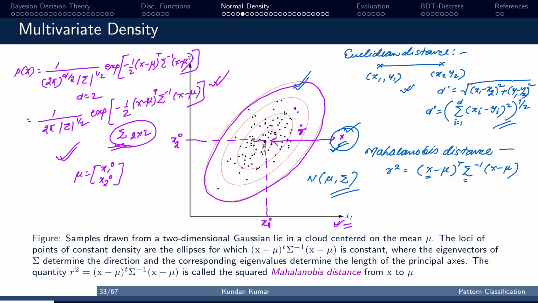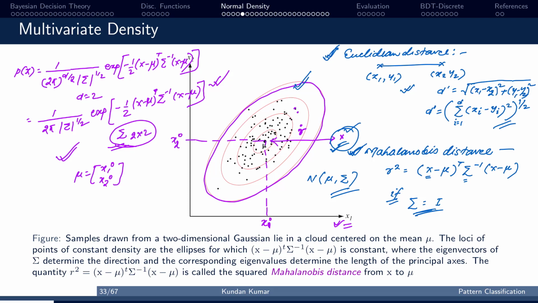So here we have two different distances. Can we find any relation between these two distances? What is the condition in which these two distances will be equivalent? If the covariance is the identity matrix, that means the distribution will be circular.